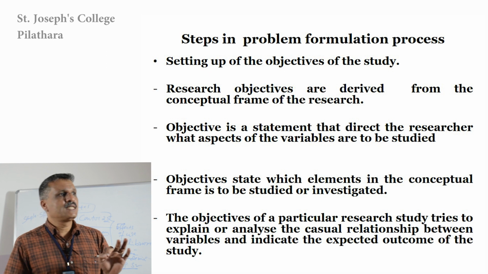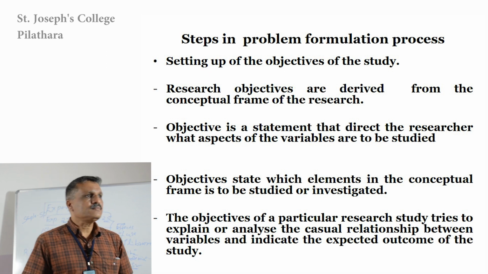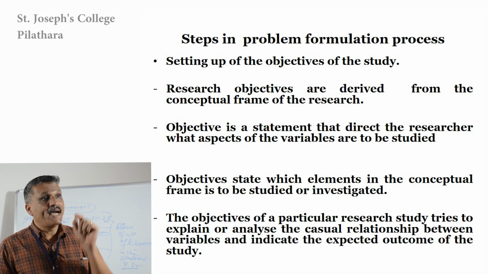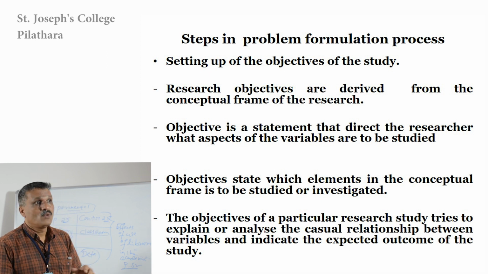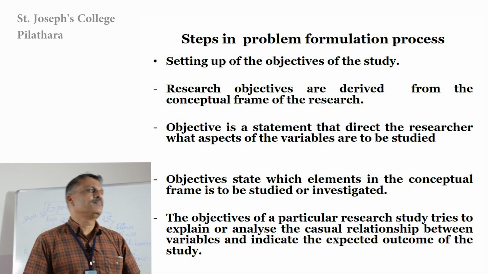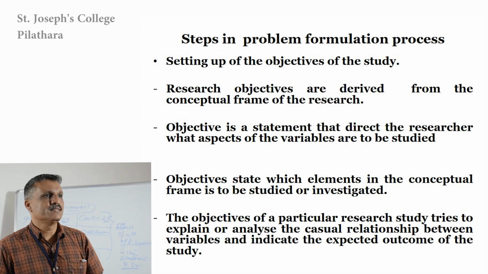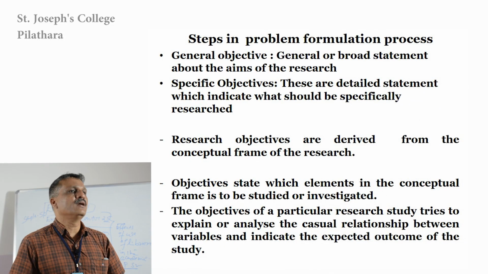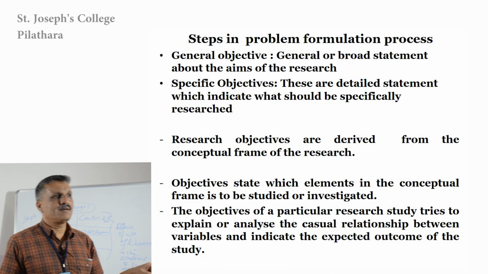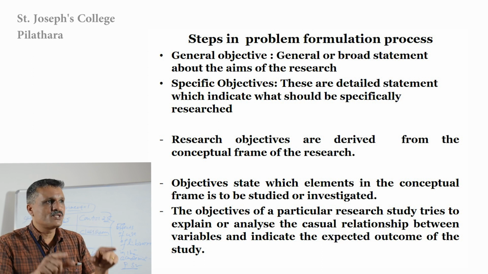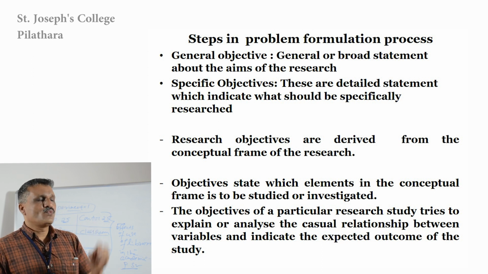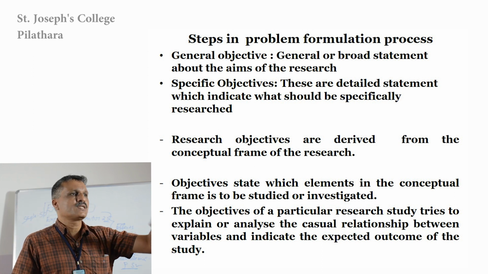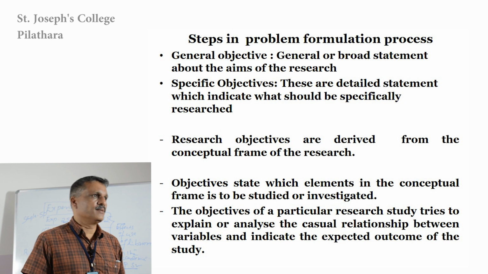An objective is a statement the researcher prepares that directs the researcher on what aspects of the variables are to be studied. We have seen some variables, dependent and independent, and what aspect of those variables are to be studied. So we have to narrow down the focus of our study based on our variables.